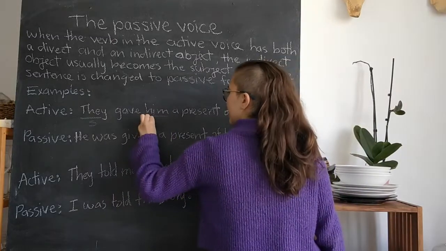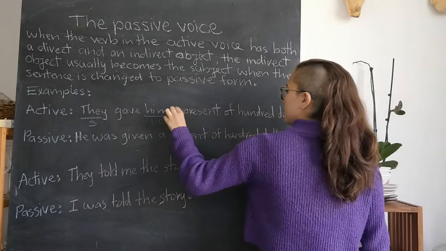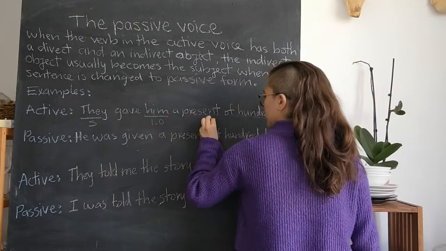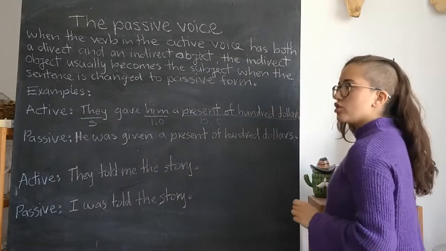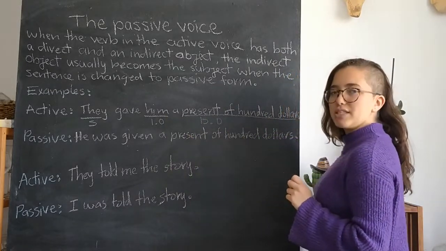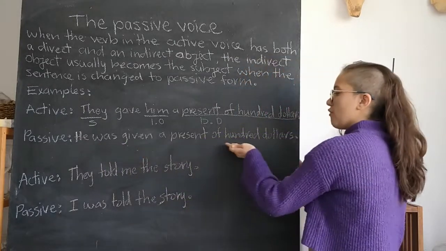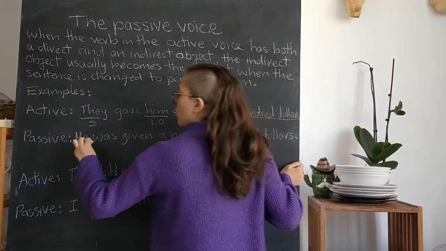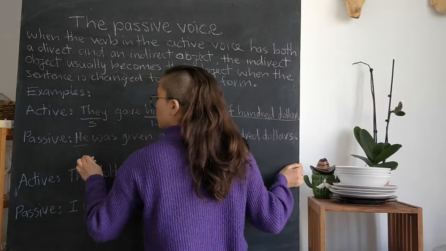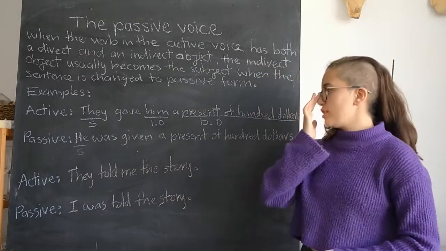Him is the indirect object, and a present of $100 is the direct object. Okay, so him would become the subject in the passive voice. So we would say, he was given a present of $100. So he now is the subject, which would normally be the indirect object in the active voice.